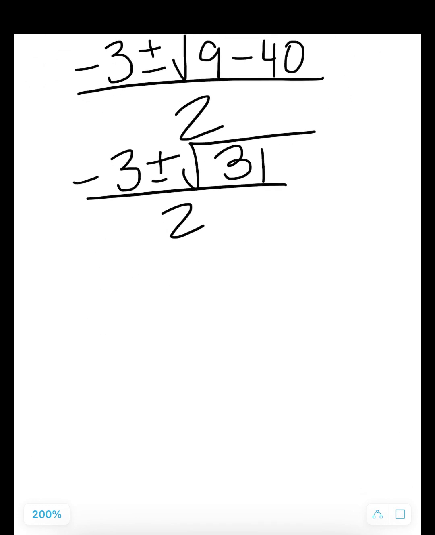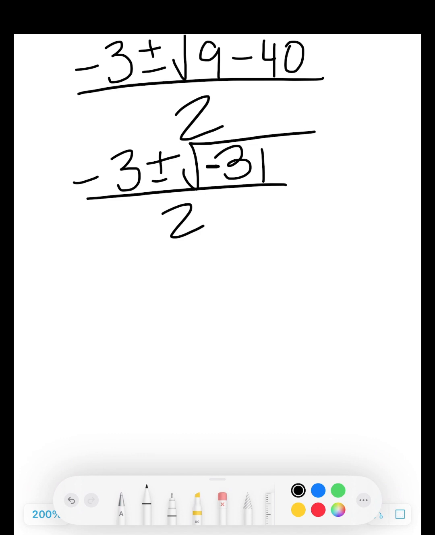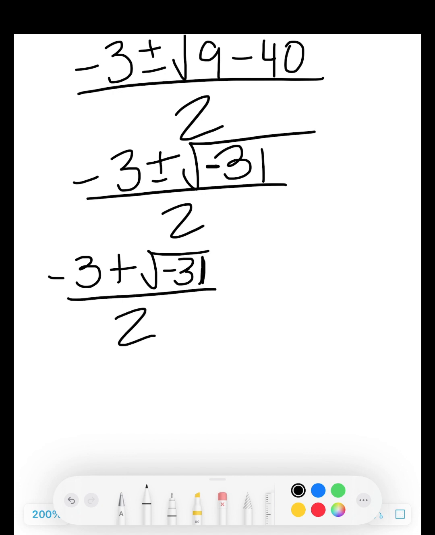And if you'll notice, we can't do the square root of negative 31 because that would give us an imaginary number. But it's not actually going to make a difference here because we want to know the sum of the possible values of x. So we're going to take negative 3 plus the square root of negative 31 over 2, and we're going to add that to negative 3 minus the square root of negative 31 over 2.